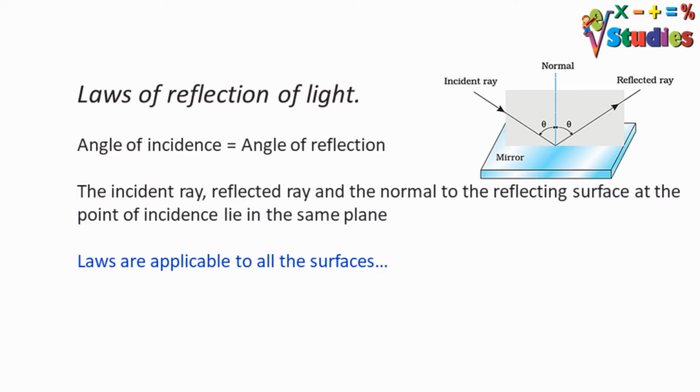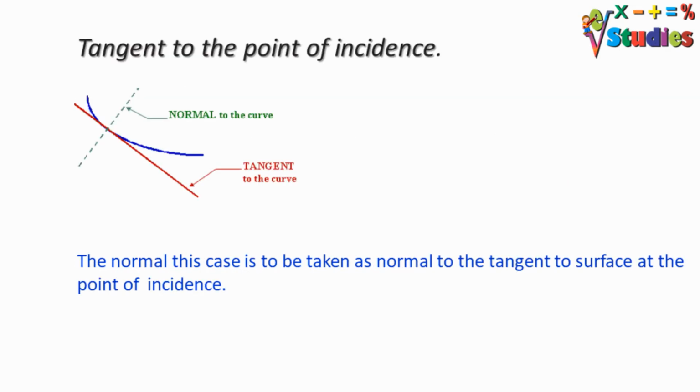Students, you have studied these two laws in your earlier classes, mainly in standard 10. You may know that these laws are valid for both curved and plane surfaces. You may be aware that a tangent is a straight line just touching a curved surface at a point, which does not cross that particular curved surface or the circle.